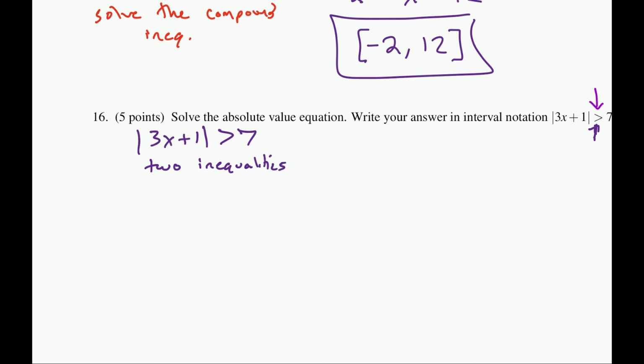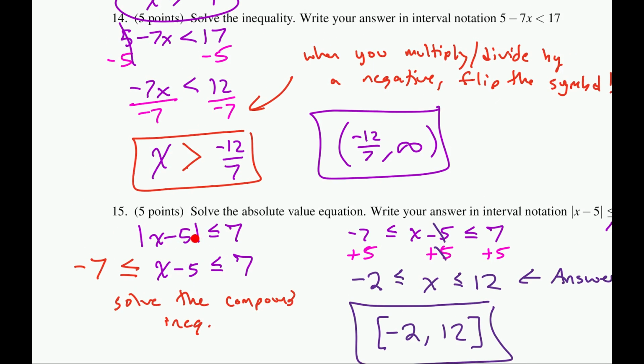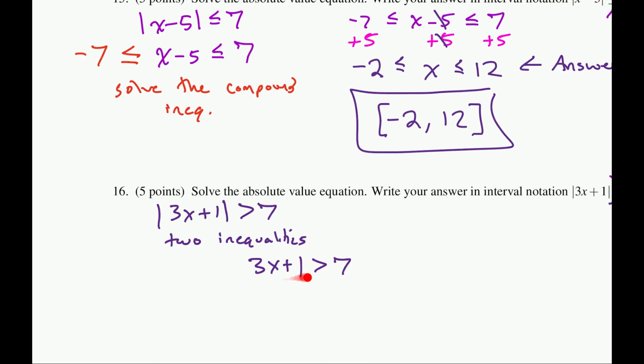One of them is going to be 3x plus 1 greater than 7. So that's just dropping these. This part looks like how we started this, right? Like we just dropped the absolute values to get this part. So that feels the same. However, we don't have another side to the inequality right here.